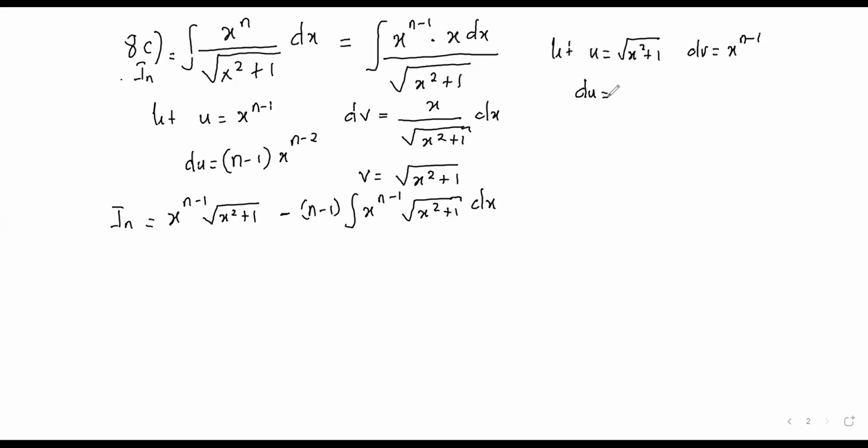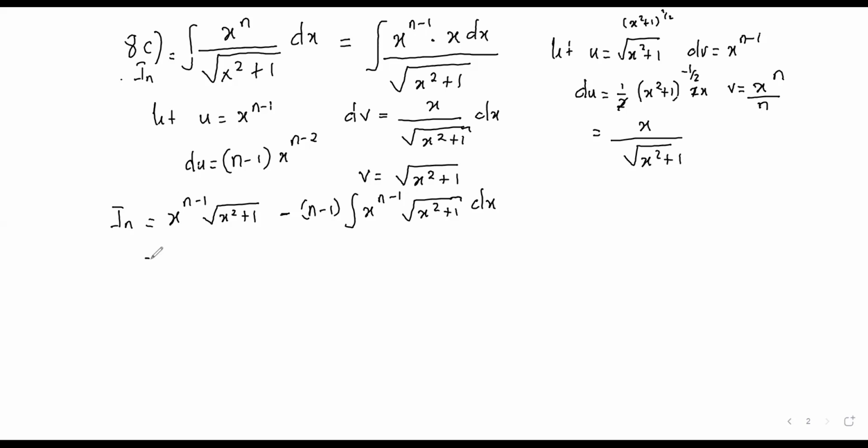This is the same as (x squared plus 1) to the power half. So it will be half times (x squared plus 1) to the power minus half times 2x. And then our v will be x^n over n. Yes. So we can work this out, the 2's can cancel, and we end up having x over the root of x squared plus 1.